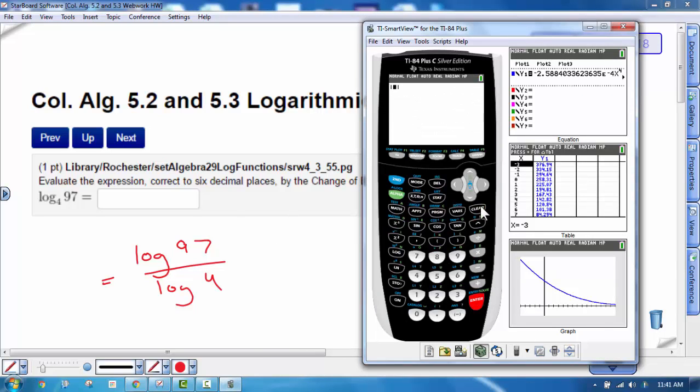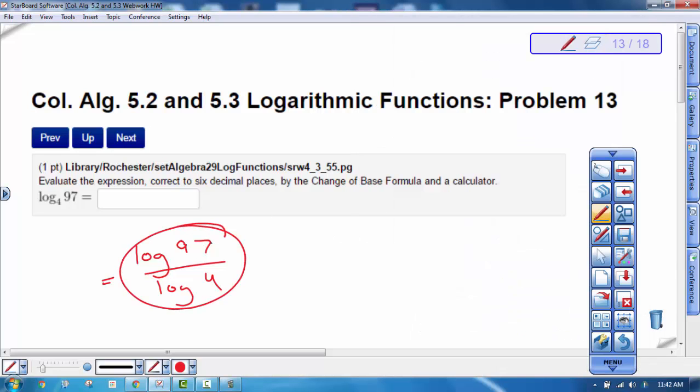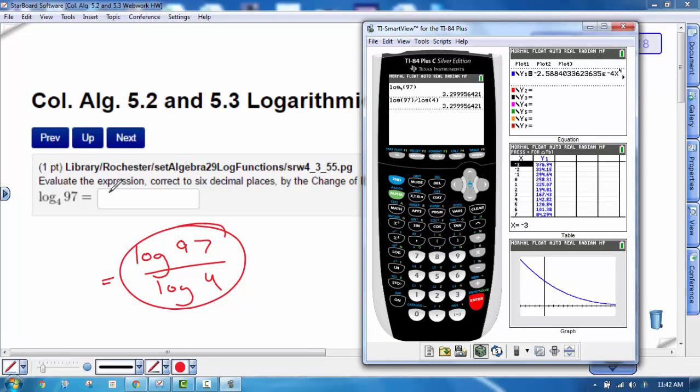I'll do log base, so alpha window, log base 4 of 97. That gives you the same thing as you get when you do this, which is common log of 97 divided by common log of 4. It gives you the exact same thing. And it wants you to evaluate this to 6 decimal places, so 3.29995.